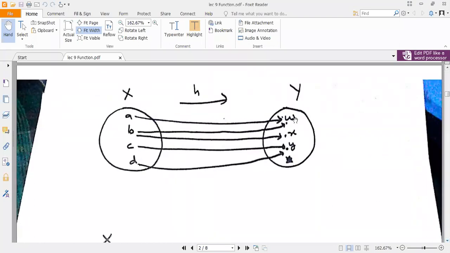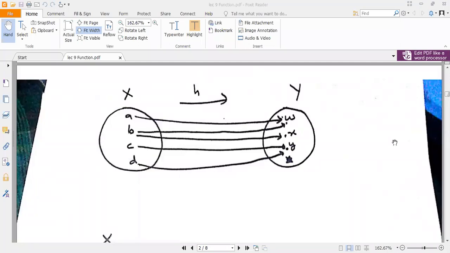Here A is mapping to W, B also maps to W, and B also maps to X. It means B has 2 images. One image is W and another image is X. It means B has not a unique image. Again C maps to Y, D maps to Y. It means one element in X, whose name is B, has 2 images. That's why H is a relation but not a function.